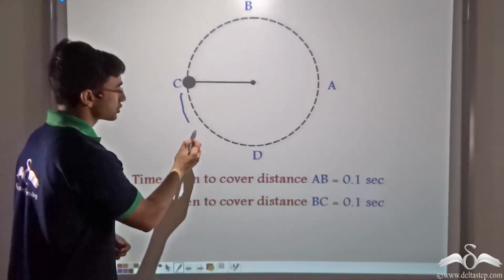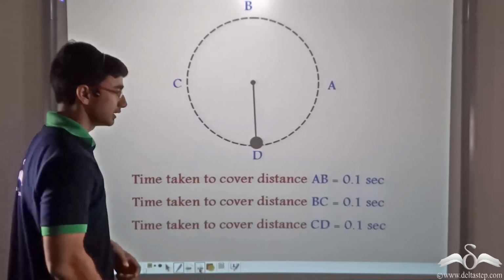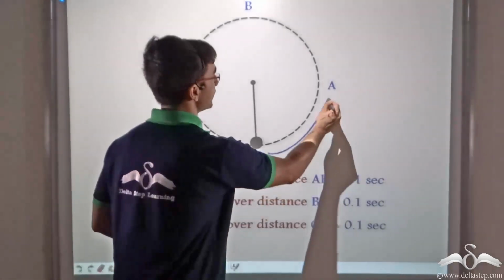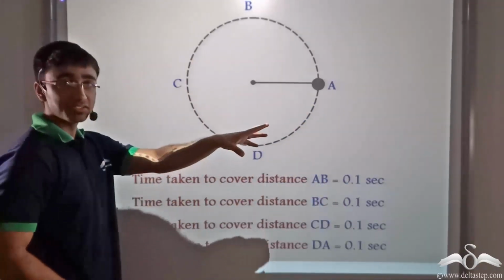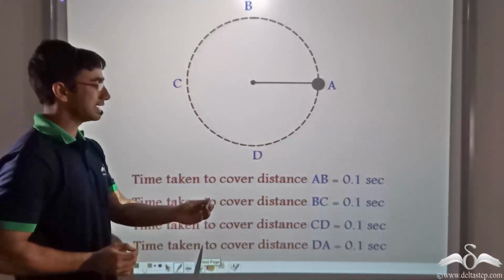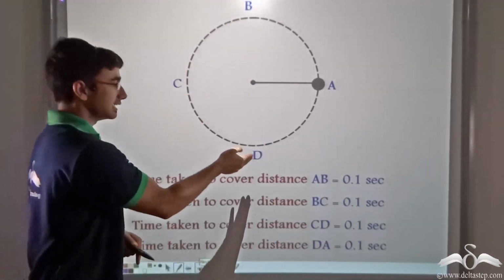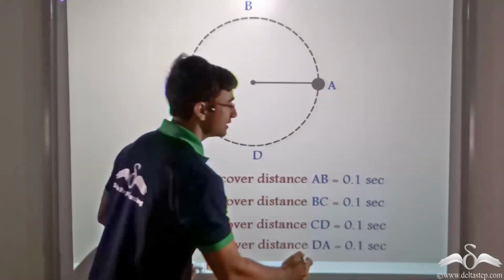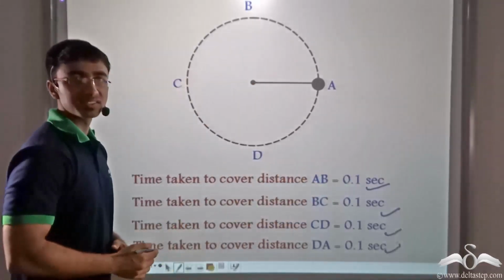Similarly, if the stone has to cover C to D, it will take the same time. And lastly, from D to A, again it will take the same time as it did from A to B. So we see clearly over here that time taken to cover distance AB, BC, CD and DA remains constant, equal to 0.1 seconds.